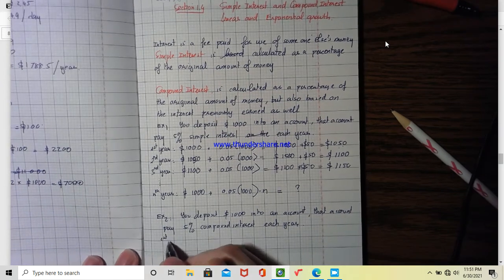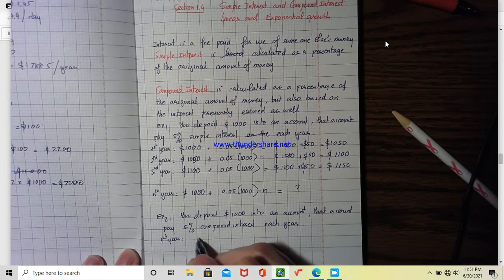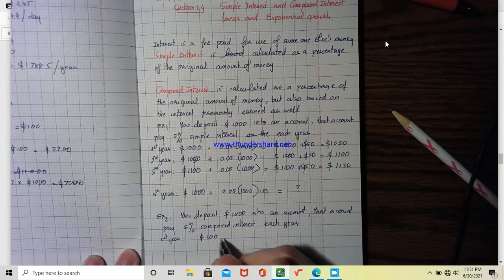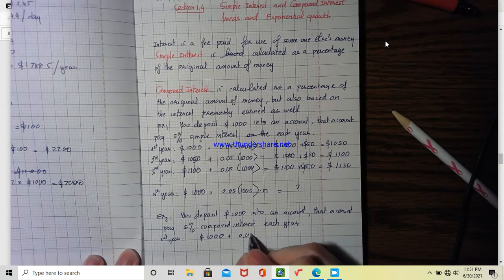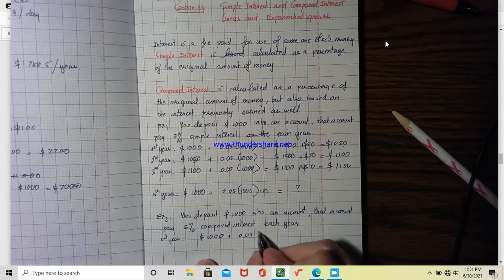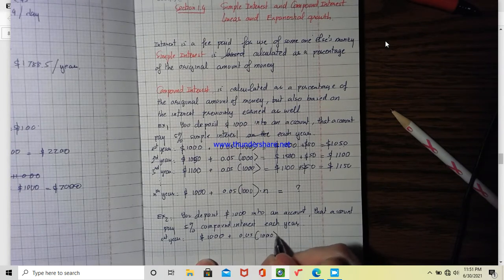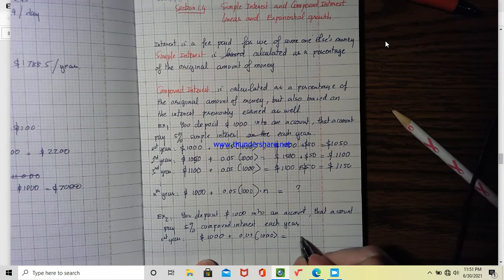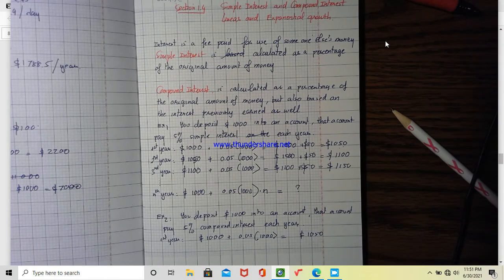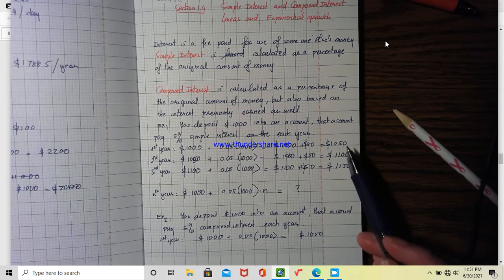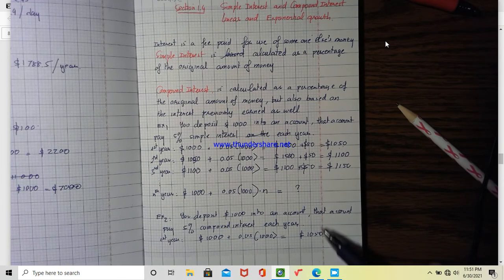You're going to have 1,000 plus 0.05, 5% of the original one, right? So after the first year, simple interest and compound interest are the same.